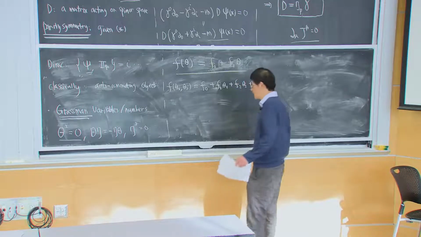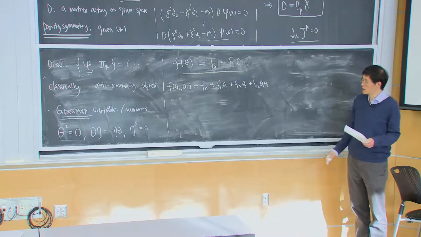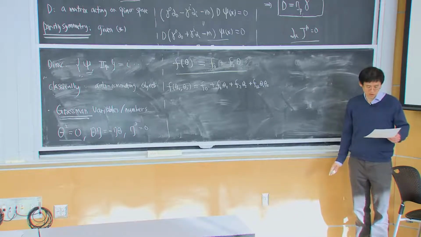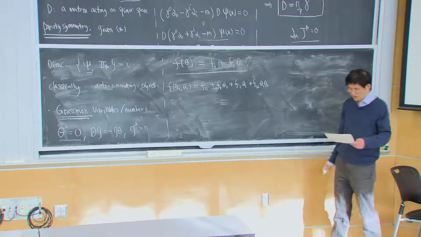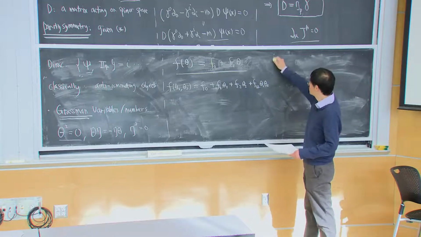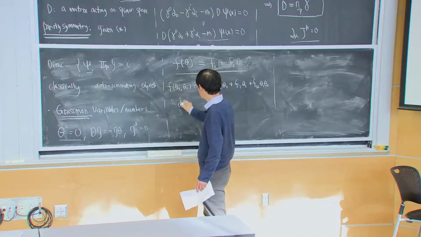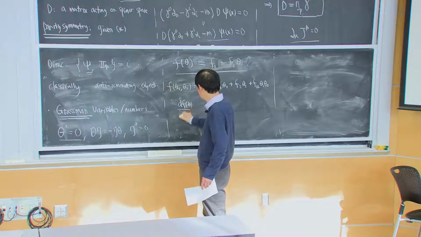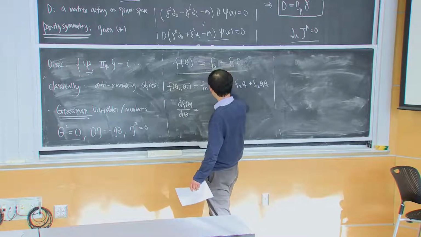That's it. Okay. That's it, because any other term would involve either theta 1 squared or theta 2 squared, which will be 0. So the differentiation will be extremely simple. So if you take df/d theta, because this is constant, this is just equal to f1.